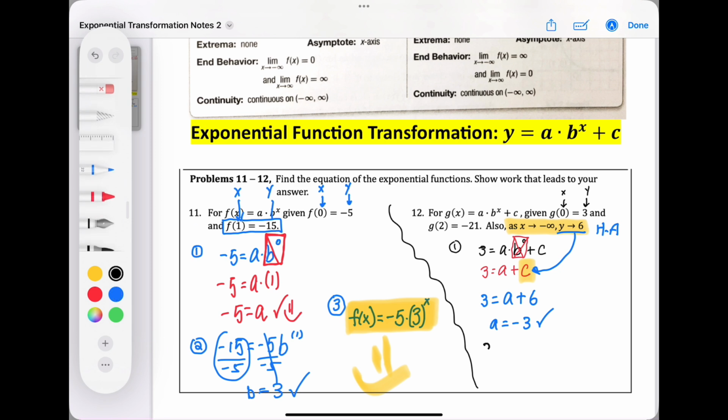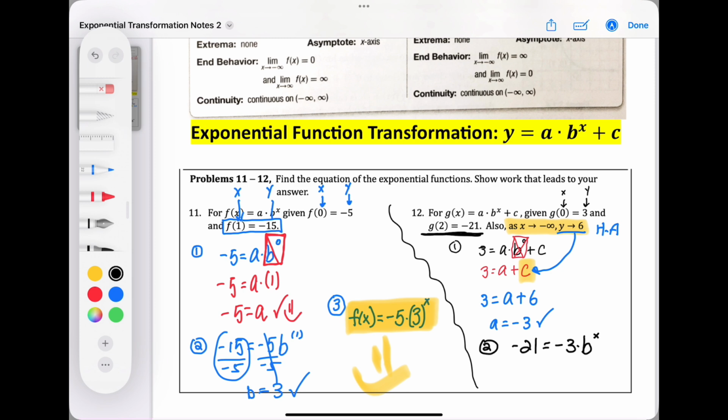Now step 2, I'm going to use another piece of information right here to figure out my b value. So knowing my function, negative 21 is equal to a, which I figured out is negative 3, times b to the x power.